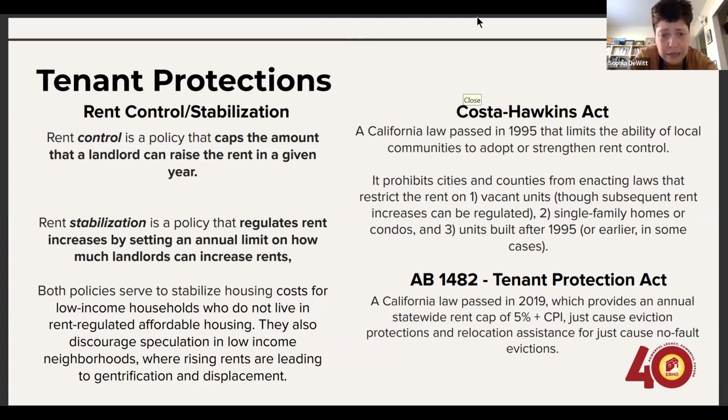More recently, there was a law passed called AB 1482, otherwise known as the Tenant Protection Act.